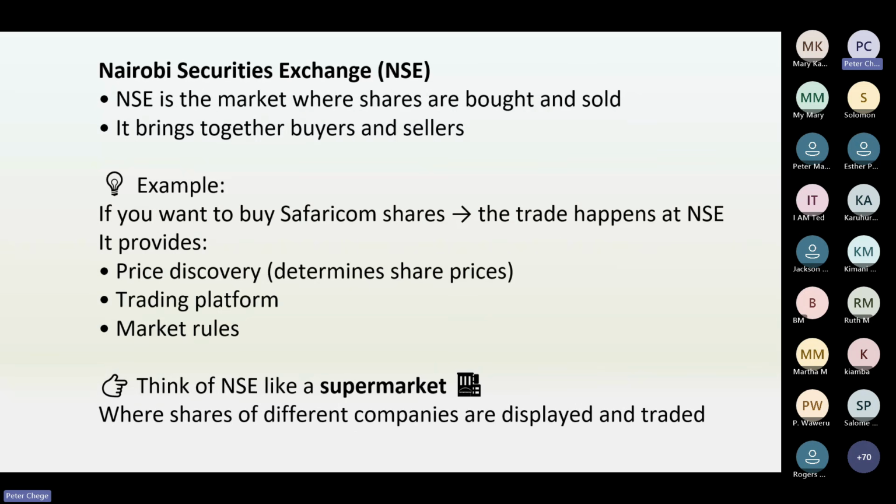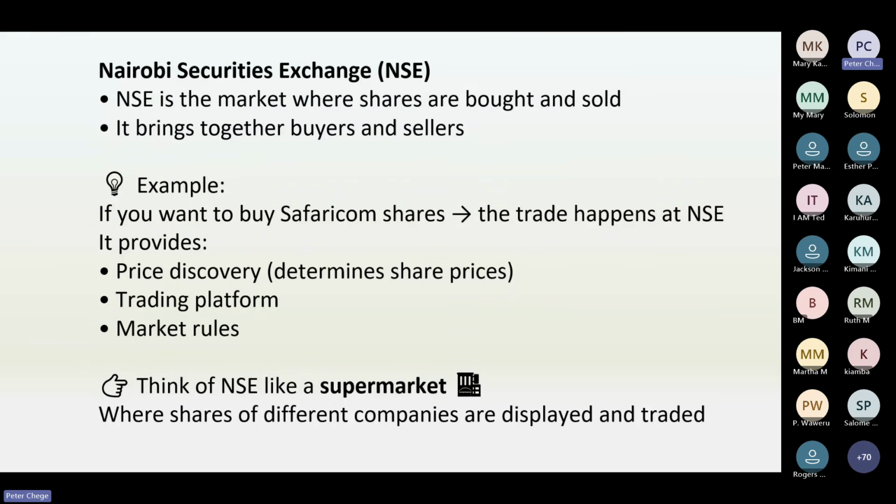This is the market where shares are bought and sold. Then the brokers bring in the buyers and sellers. They connect at NSE. So NSE brings in the buyers and sellers.